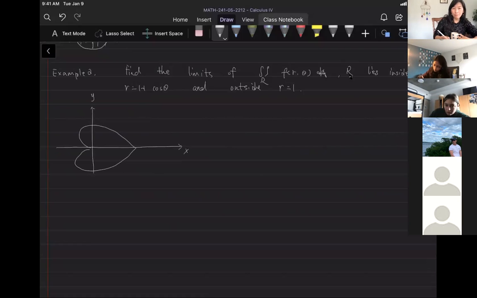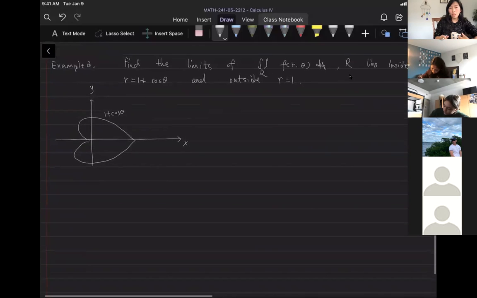This is 1 plus cosine theta. Don't worry too much, everyone. In the quiz or midterm, I will give you the graph. You don't need to sketch the graph. But when you do the homework, if you see some problem like this, you can use a calculator or you can Google the graph of the function.